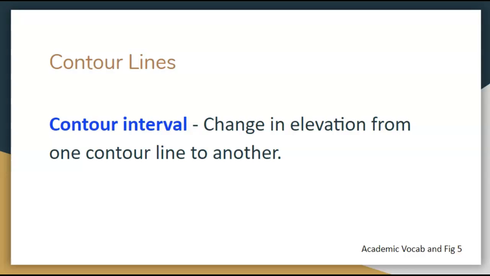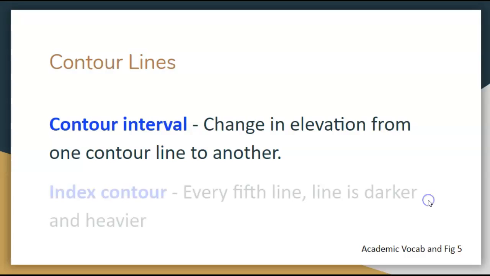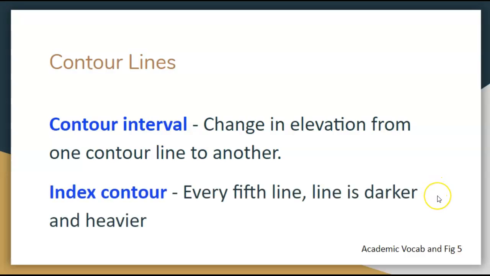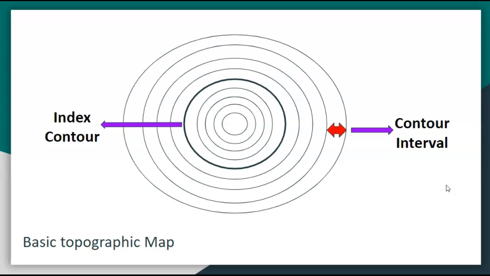A contour interval. It is the change in elevation from one contour line to another. And an index contour is usually every fifth line. The line is darker and heavier. So here's an example of what I'm talking about.